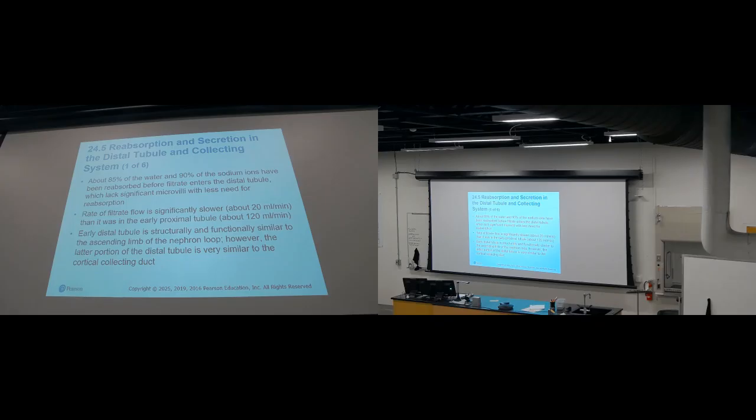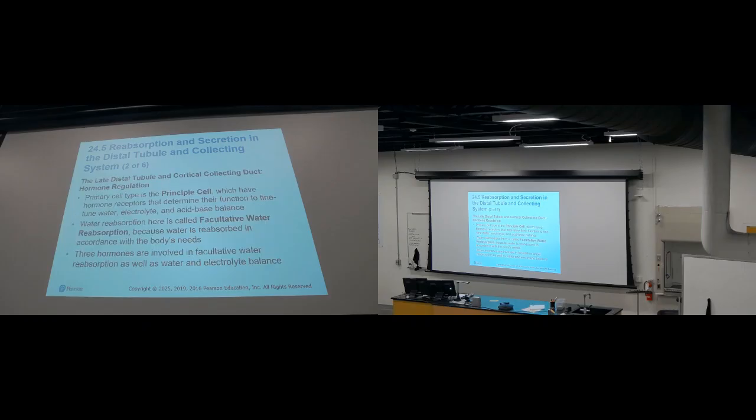Because the body sometimes reabsorbs some of the wastes in the PCT, and sometimes they go back into the filtrate, the tubular fluid at the DCT, because it's really not needed to have these wastes.